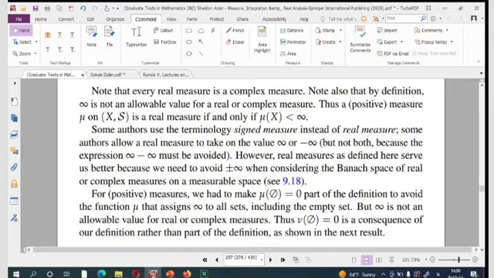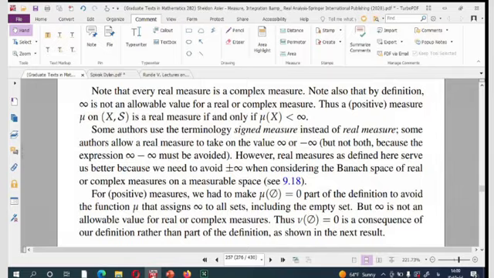And this is important. For positive measures, we have to make mu of the empty set equal to 0 part of the definition, to avoid the function mu that assigns infinity to all sets including the empty set.